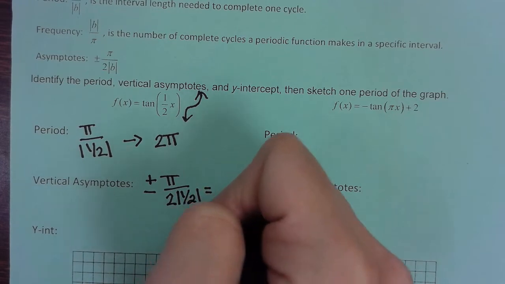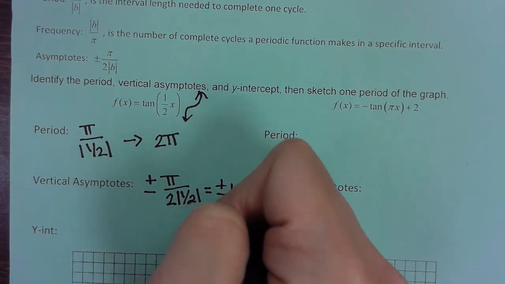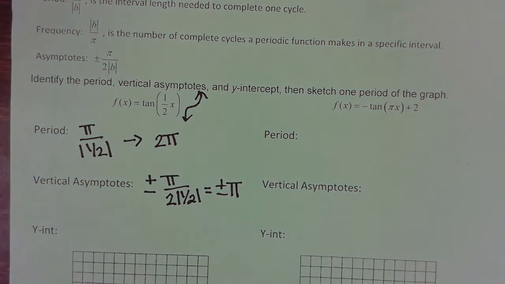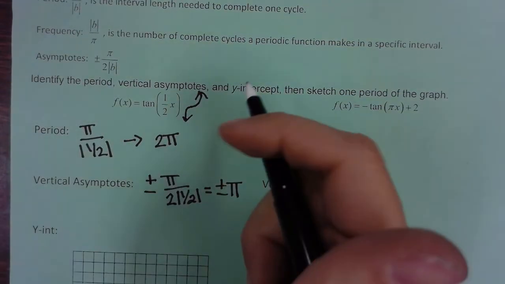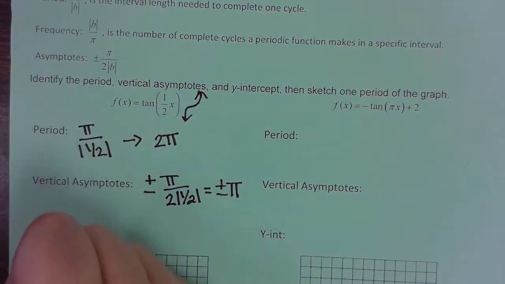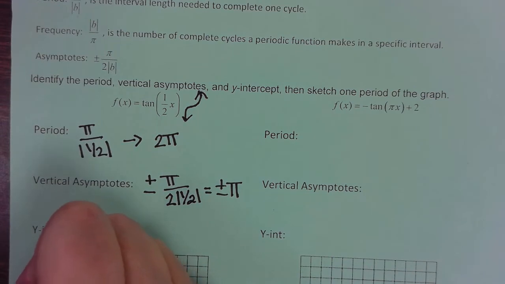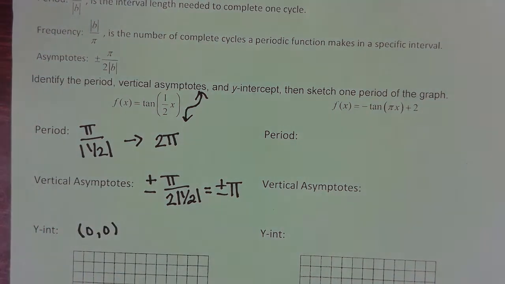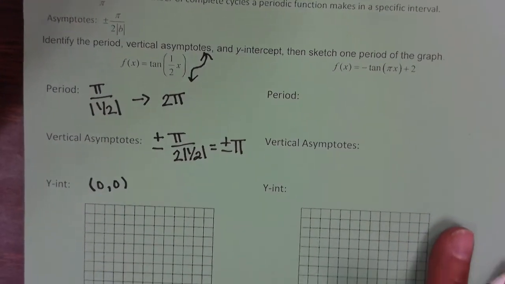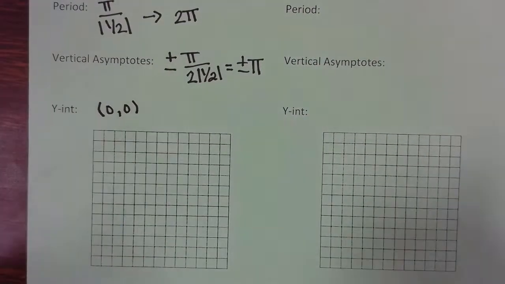So in that case, it's plus or minus pi. And there's nothing on the vertical shift here, which means that the y-intercept is 0, 0. Make sure you put down your y-intercept as a coordinate pair because it is a point.